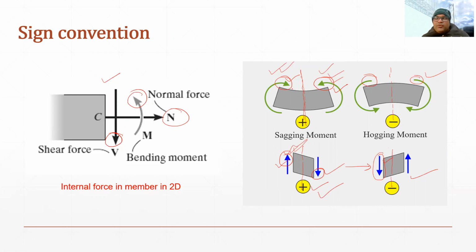Therefore, as we have taken the left hand portion, the clockwise moment will be taken as positive, and the anti-clockwise moment will be taken as negative. This case is for when we consider the left hand side part of the beam.